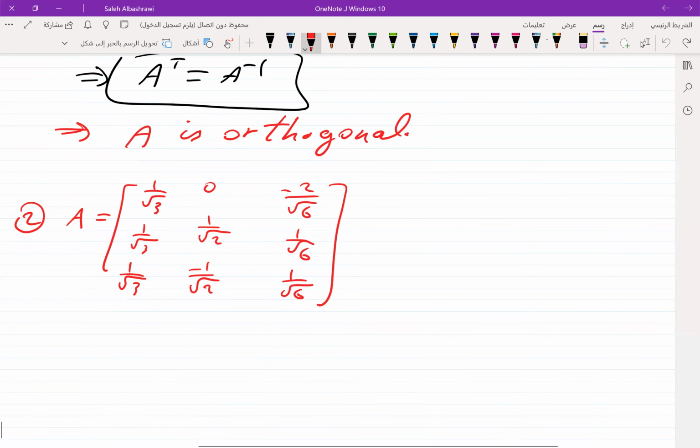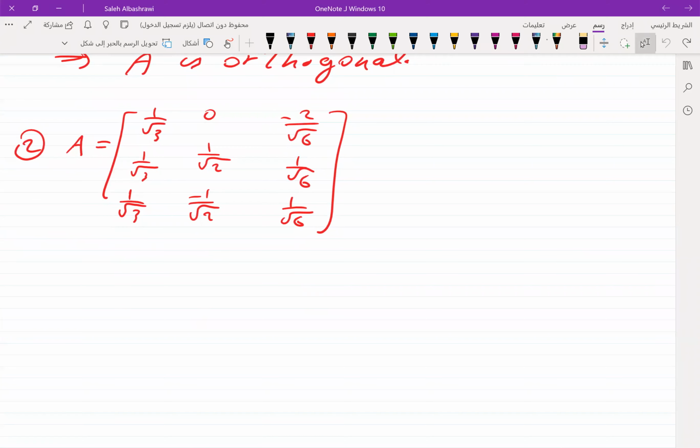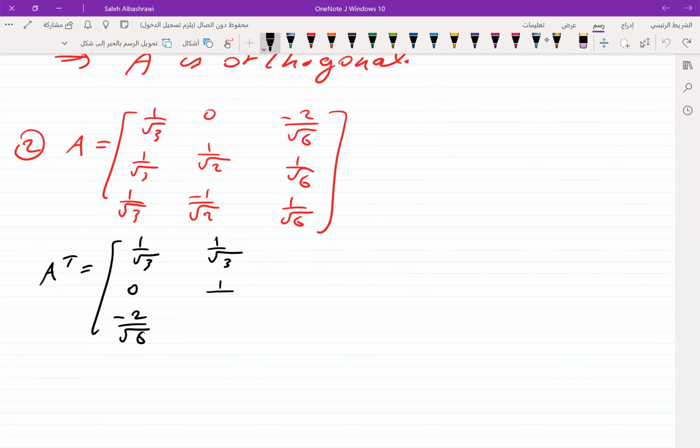We need to check whether this matrix is orthogonal or not. Let's find the transpose for this one. It will be 1 over square root of 3, then 0, minus 2 over square root of 6. Second one is 1 over square root of 3, 1 over square root of 2, and 1 over square root of 6.